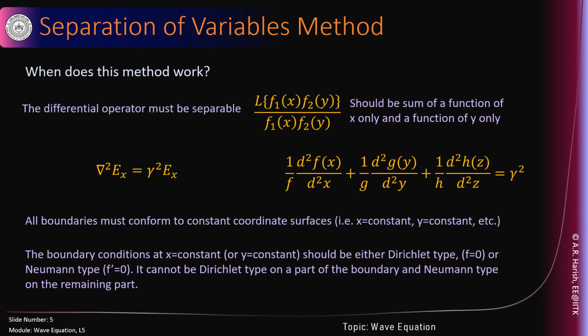As we go along, we will come across these two quite often, but currently I am introducing two new words to you. A Dirichlet type boundary condition is where the function goes to 0, and a Neumann type boundary condition is where the function prime goes to 0. What is not permitted is that on the boundary part of it is Dirichlet and part of it is Neumann. This is something which we should remember.